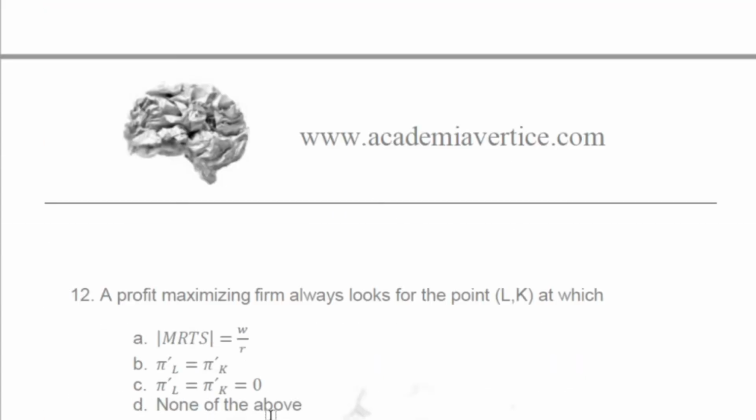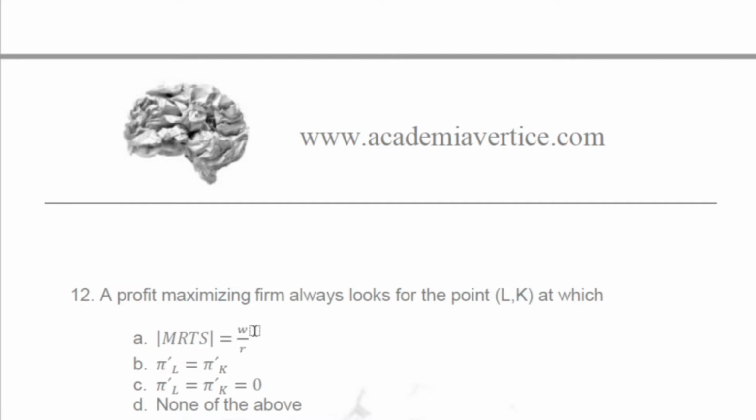Number 12, a profit maximizing firm always looks for the point at which this happens. Be very careful with this question. A profit maximizing firm doesn't do this. This is what a cost minimizing firm looks for.